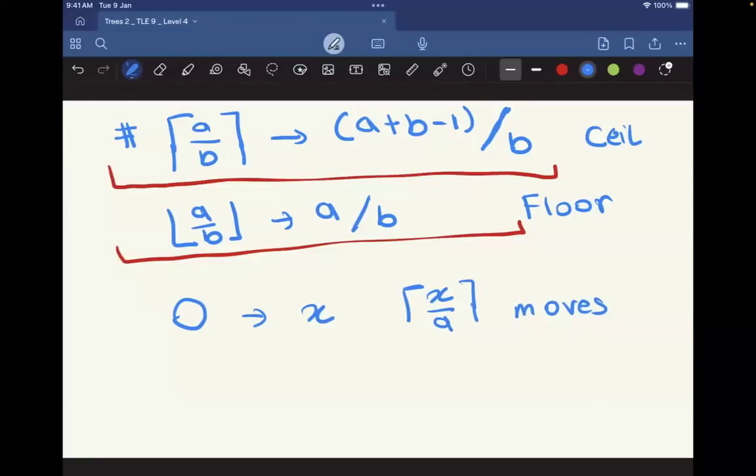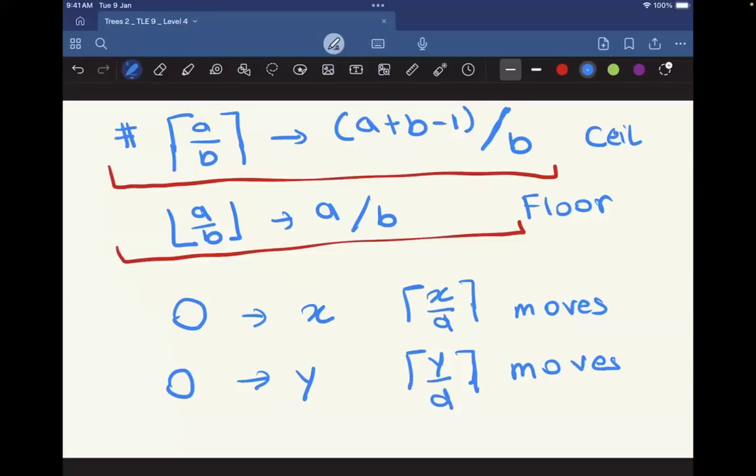Now, similarly, if I wanted to make 0 to Y, would I need ceil of Y divided by D moves? Yes or no, guys? All right. So we have taken care of each case individually. Now, how would I solve this?